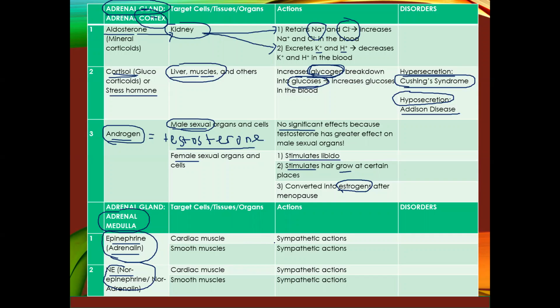What happens in your cardiac muscle, for example, is it will increase the heartbeat, and the smooth muscle will dilate the blood vessel. So the blood will be flowing faster, your heart beating faster, the respiration is also faster.